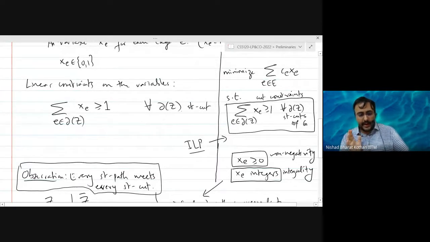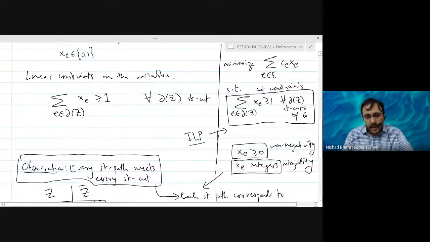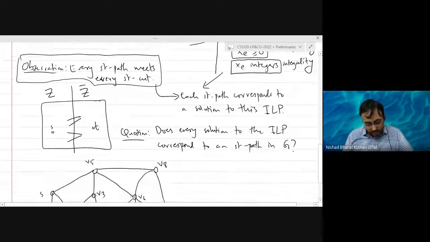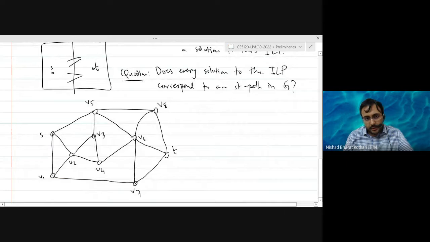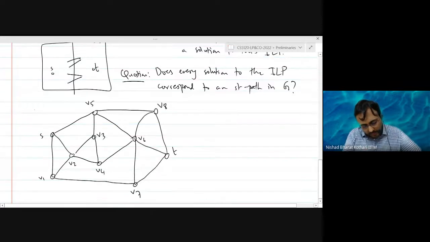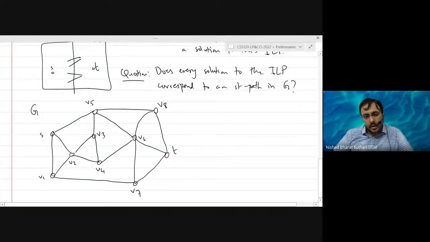It is still a finite number, which is one of the conditions we need for a linear program or an integer linear program. And now let's say you take any solution to your integer linear program for this graph. Will that correspond to an ST path? Or can you say something along those lines?